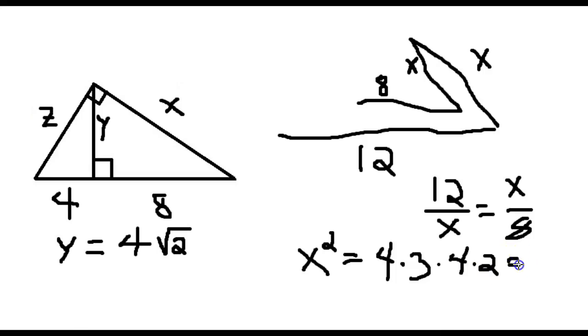And so that's the same thing as 16 times 6. And if we take the square root of that, we end up with our next result, which is x equals 4 times the square root of 6.